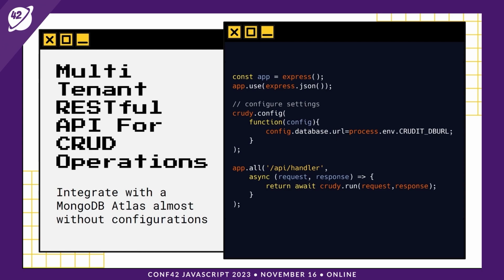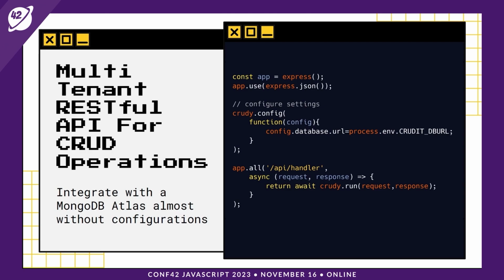As you can see, we use an Express server, and the only configuration we add is the database URL to configure crudit. Then we let crudit handle all the request and the response, and crudit handles everything.